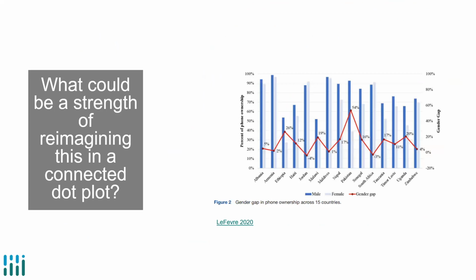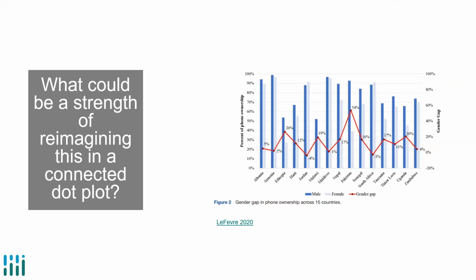So here is an example that is relevant to today's presentation about phone ownership. You can imagine how data on female and male phone ownership and the gender gap might be important to individuals that are designing apps.